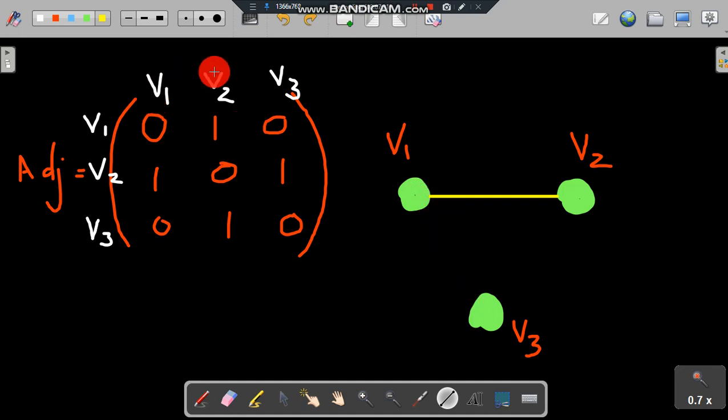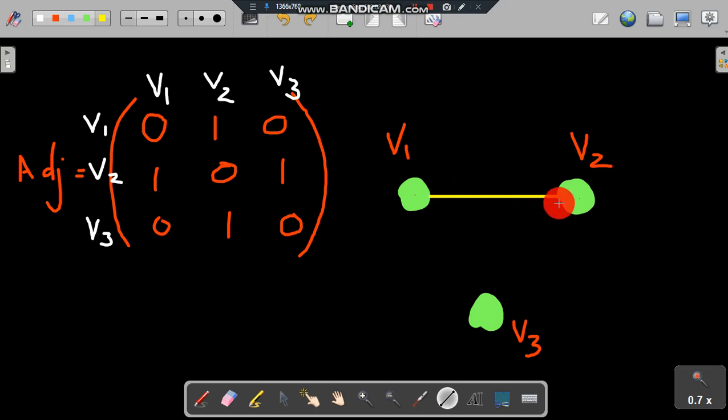Now coming to V2 and V1, yes, 1 comes here, which implies V2 and V1 are adjacent to one another. Therefore we have to draw an edge between V2 and V1.